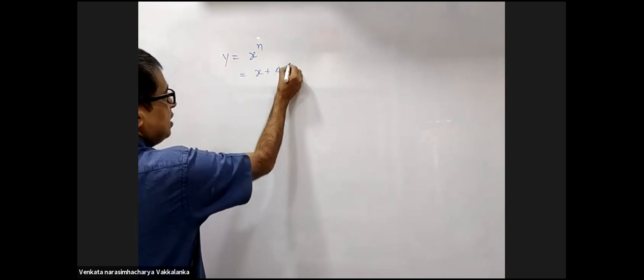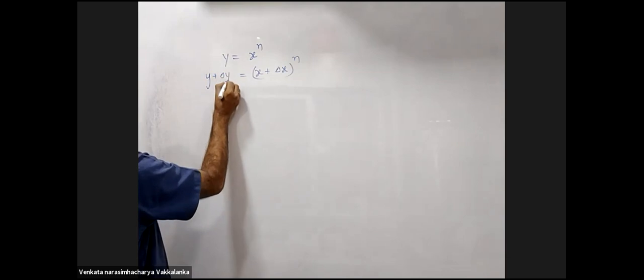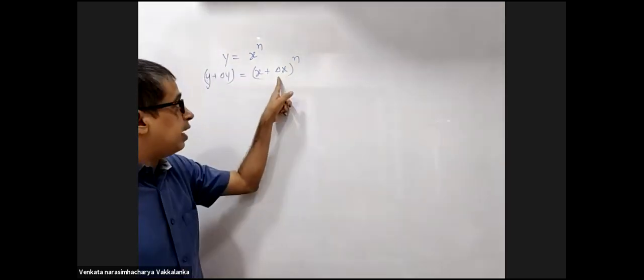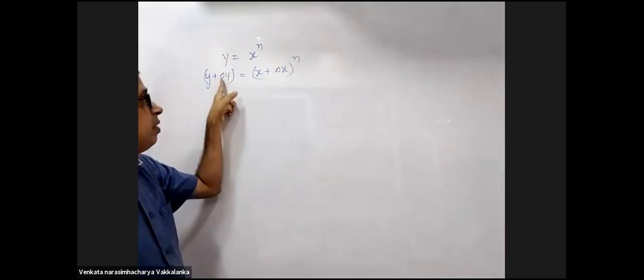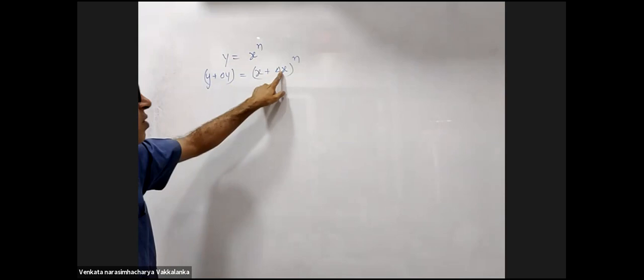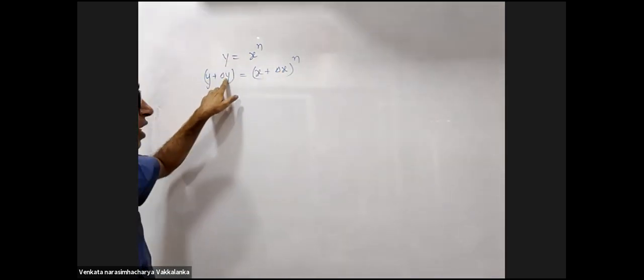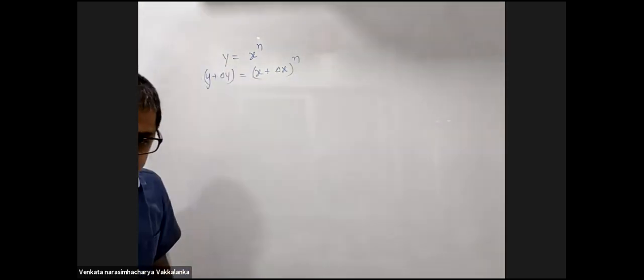x plus delta x to the power n will be y plus delta y. When x changes by delta x, y changes by delta y. First step, is it clear to all? Yes, sir.